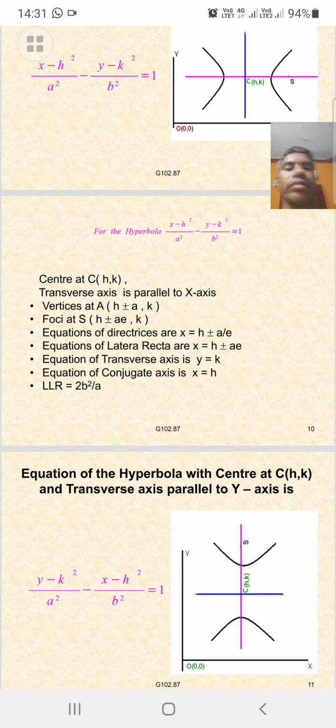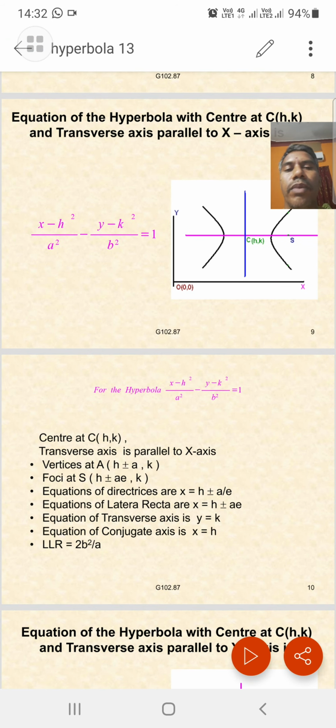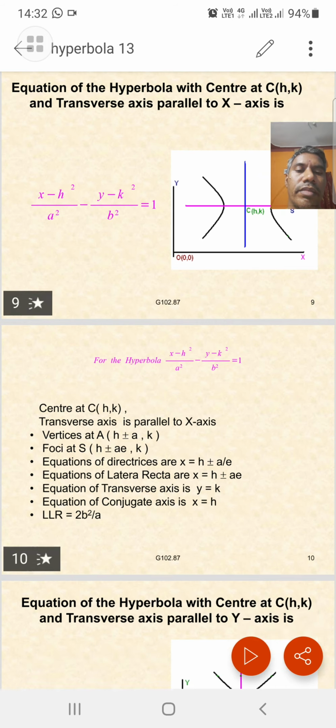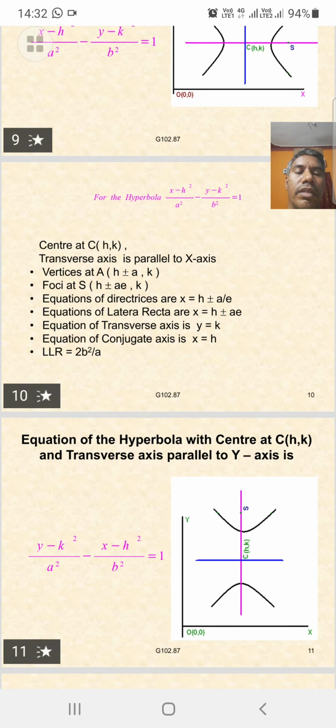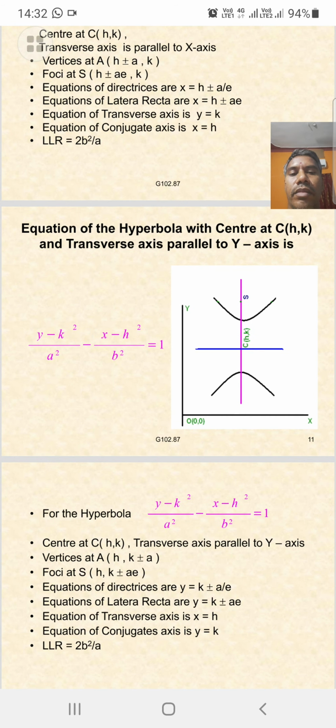This is an open curve, and the ellipse is a closed curve. Ellipse eccentricity is less than 1, and hyperbola eccentricity is greater than 1. If eccentricity is root 2, we call it a rectangular hyperbola.